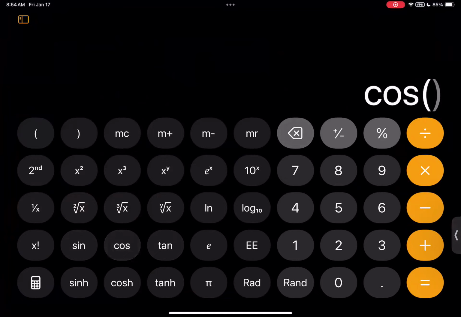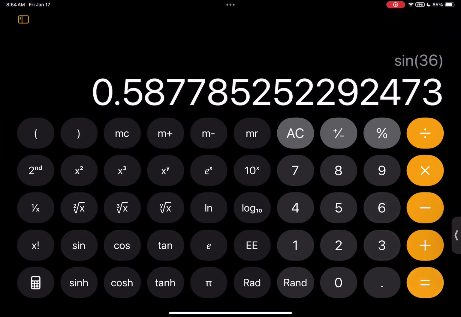So if I wanted the sine of 36 degrees, just put 36 equals.